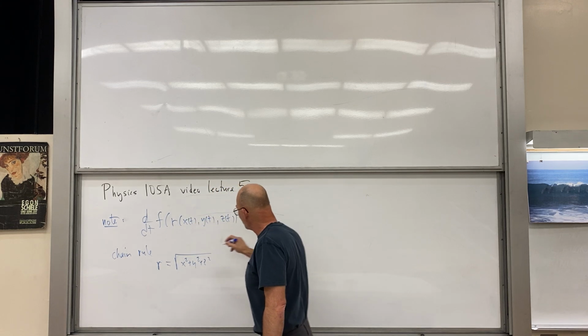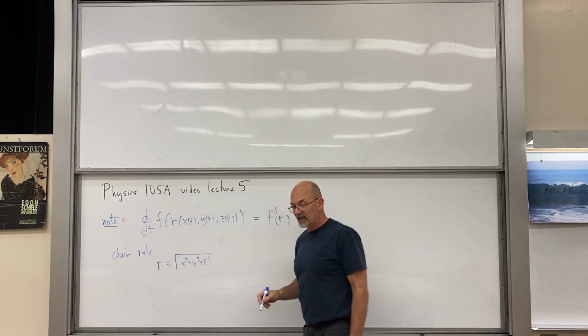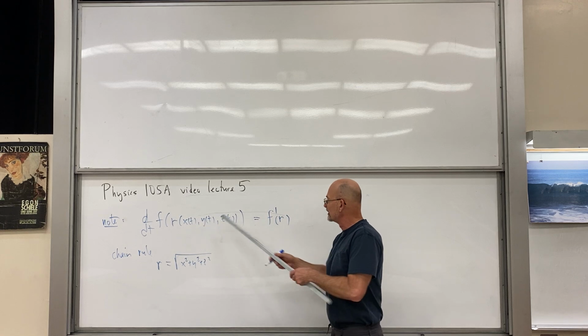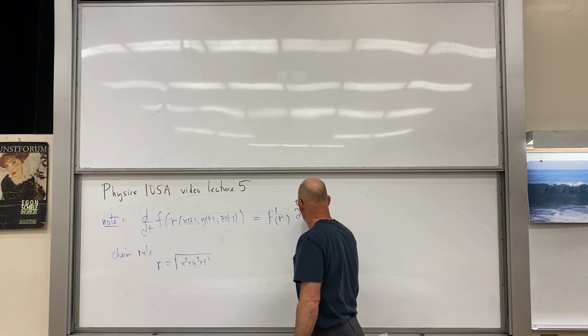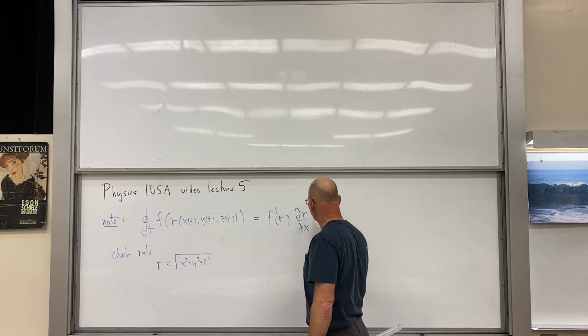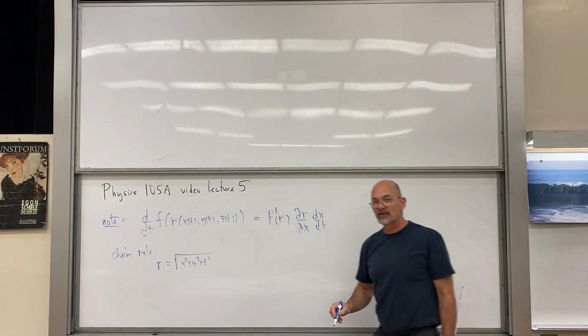So if we were to do this, we'd have first of all f prime of r, but then our chain rule would tell us to take dr/dx and dx/dt. And we would have to repeat that 3 times.